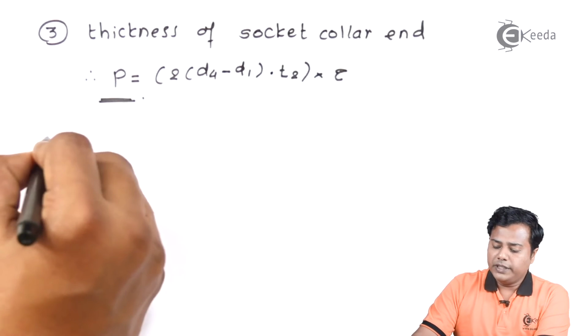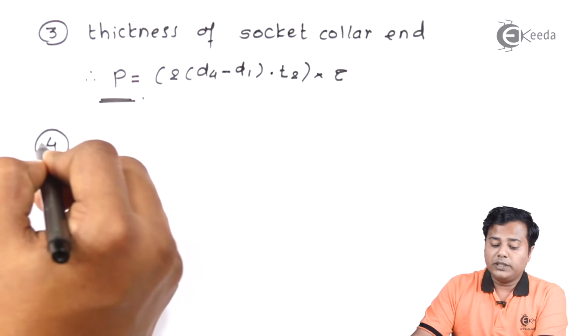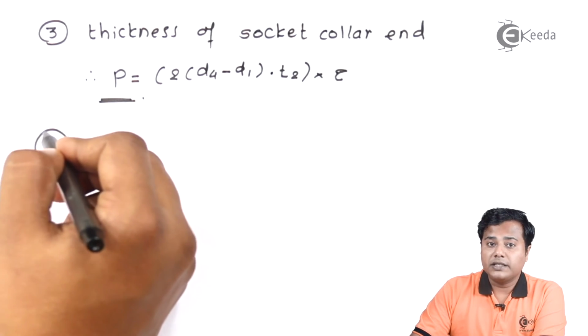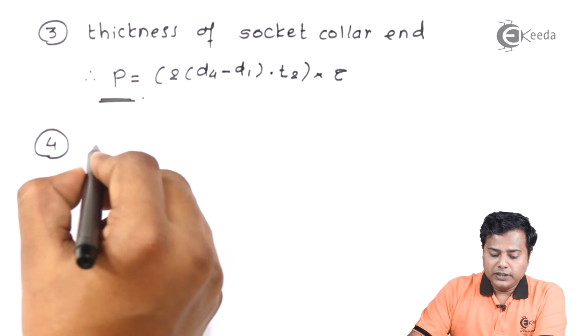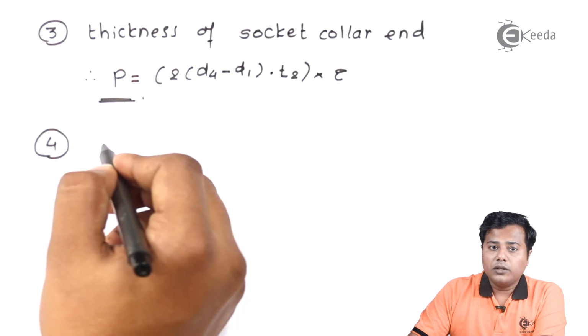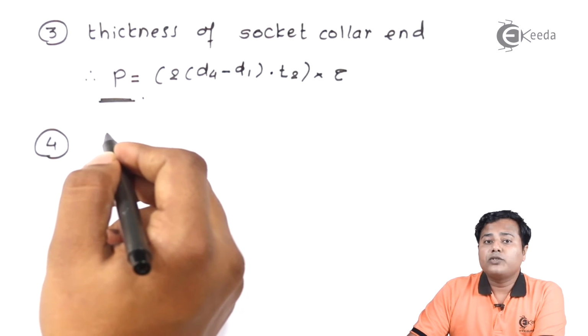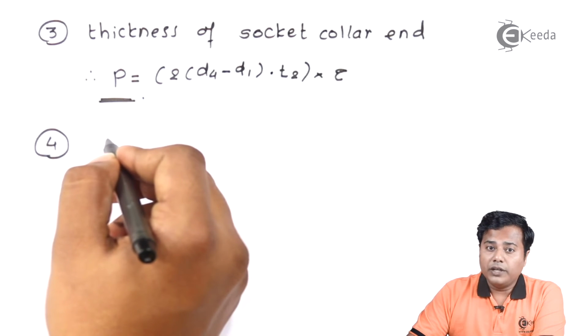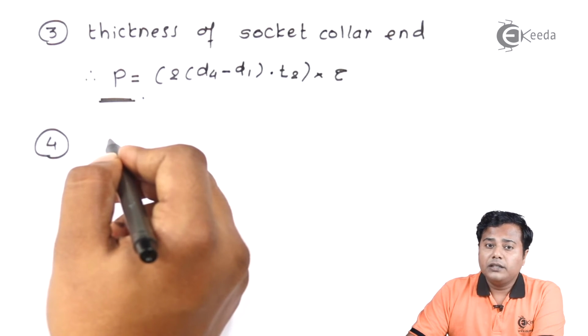Let us move ahead with the fourth and the last dimension as far as the socket end is concerned. It is about the thickness of the rod, or thickness of the socket near rod. That failure is going to be again the shear failure.